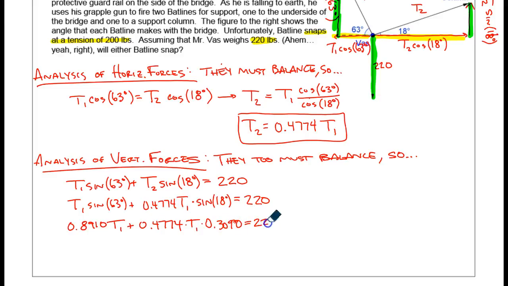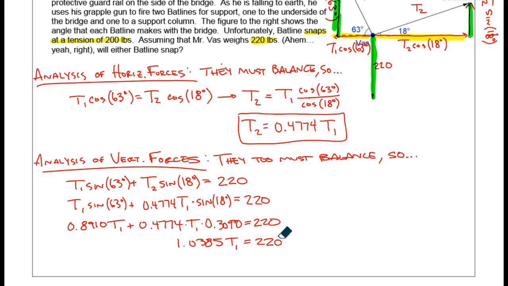That still equals 220. Go ahead and combine all these like terms. I get the following: 1.0385 times T1 equals 220.